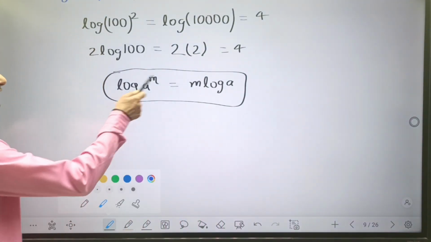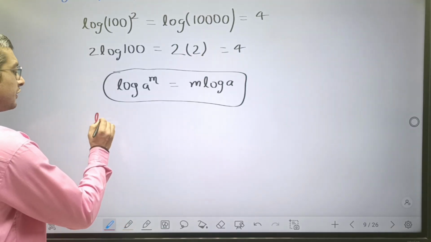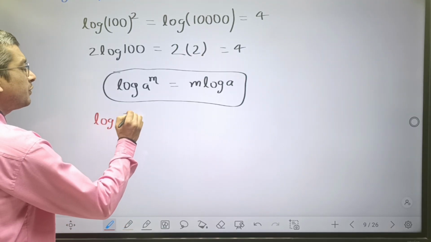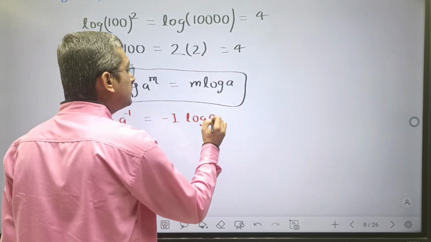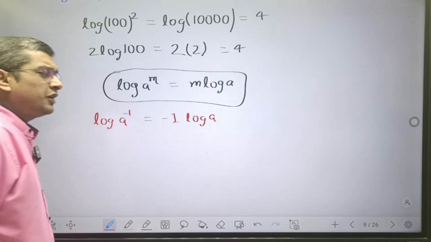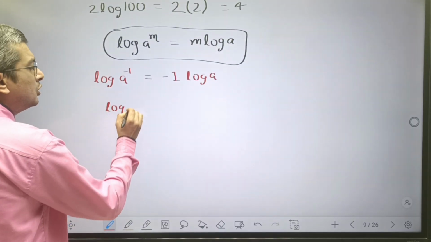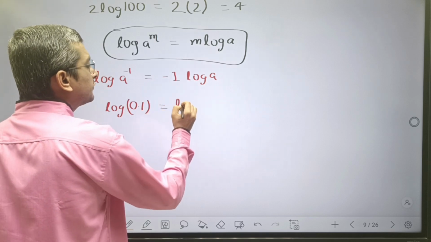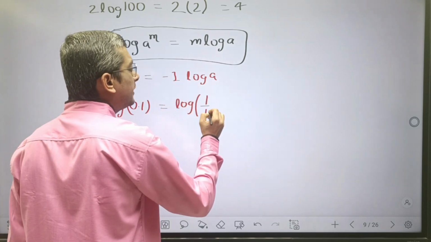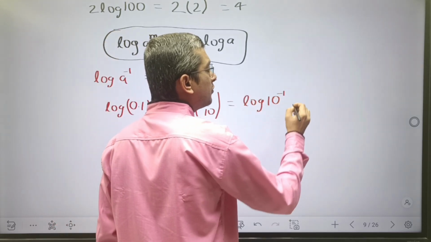Now by using the same identity, we can have a different formula. For example, if I write log A to the power minus 1, this will be minus 1 log A. For example, log 0.1 can be written as log 1 by 10, and this 1 by 10 can be written as log 10 to the power minus 1.